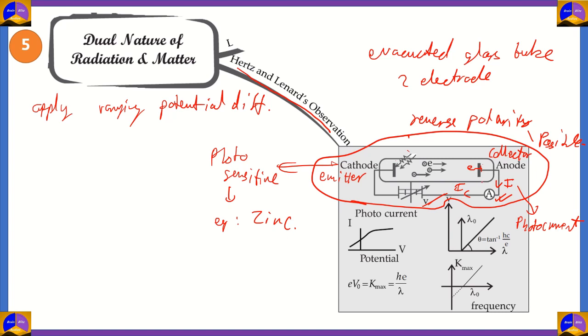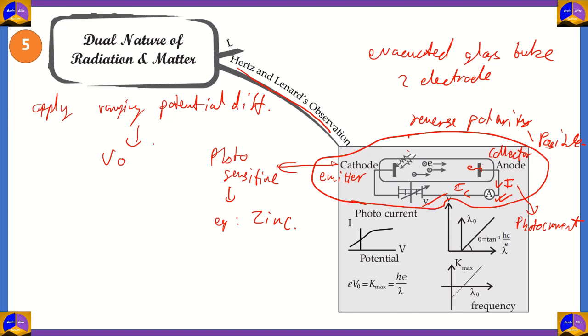The electrons with more energy reach it, and then the current is formed. But the current decreases as we reverse the polarity. As we increase the potential difference in reverse polarity, there comes a potential difference called V0, at which there is no emission of electrons because the potential difference is too much for the electrons to move across the tube.